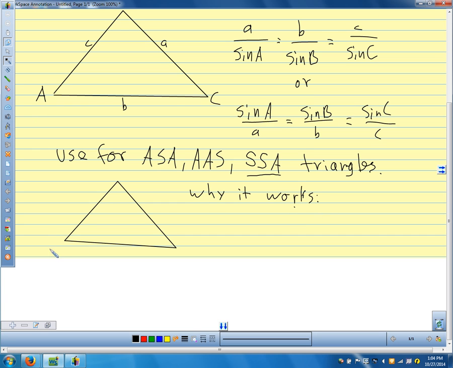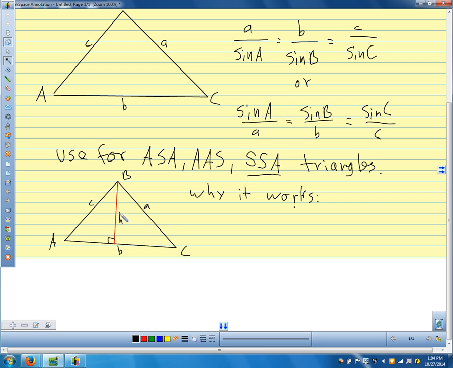So here's my triangle, A, B, C, my generic triangle for this chapter. What we're going to do is draw in an altitude for this triangle, perpendicular from one side, and we'll call that h for the height.